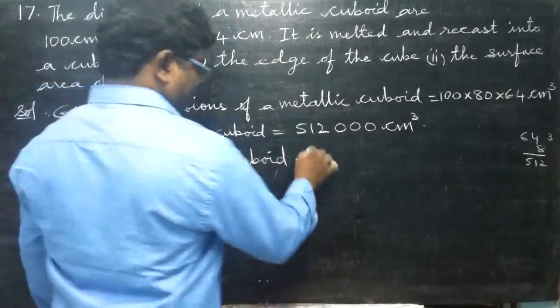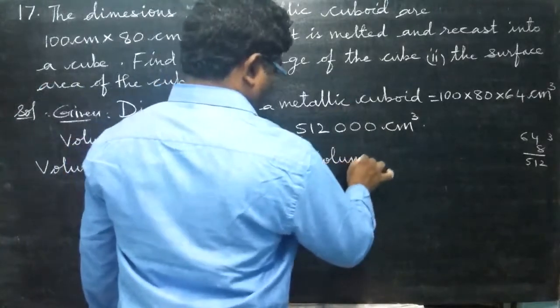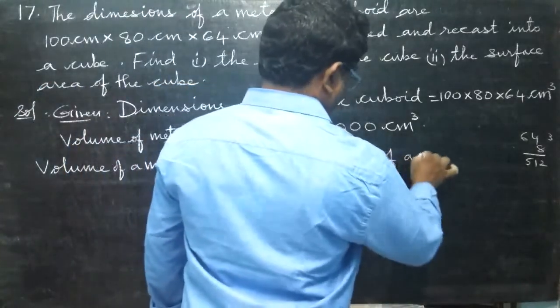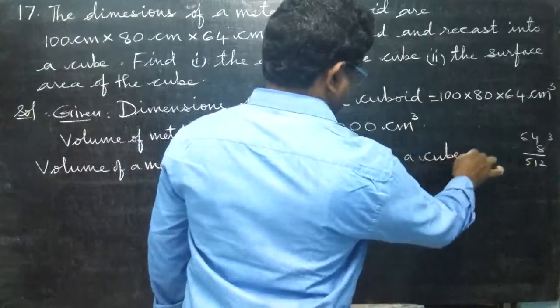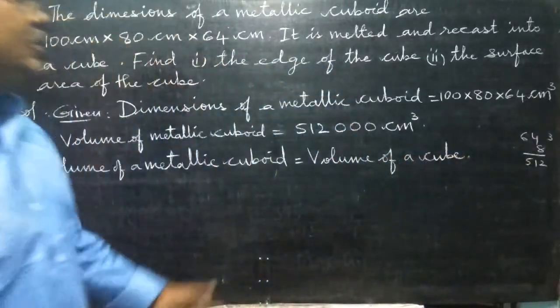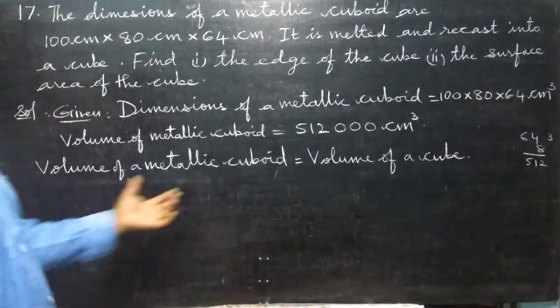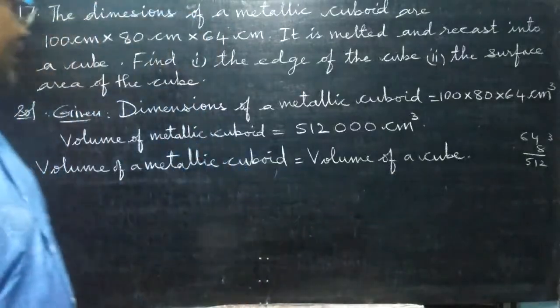Now this volume of a metallic cuboid is equal to the volume of a cube, because it is melted and recast into a cube. So this volume and that volume both are equal.